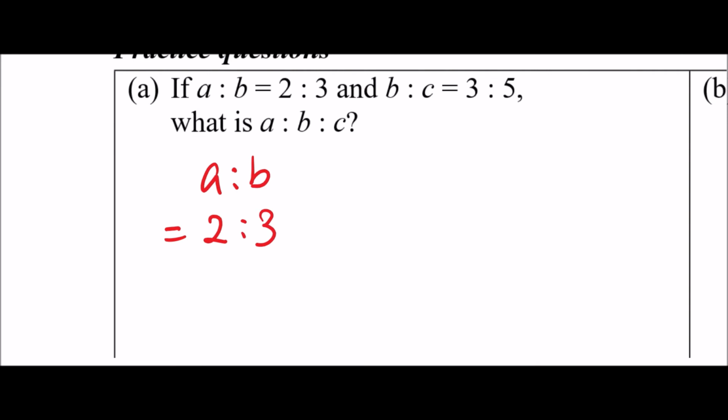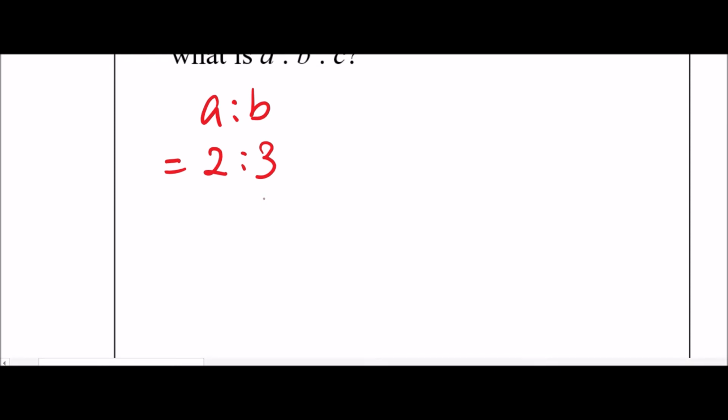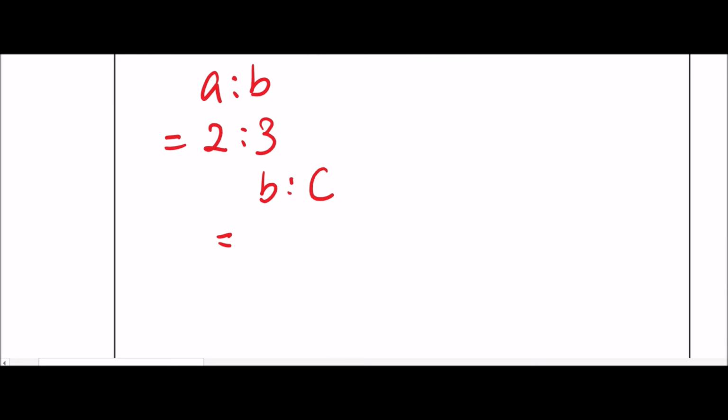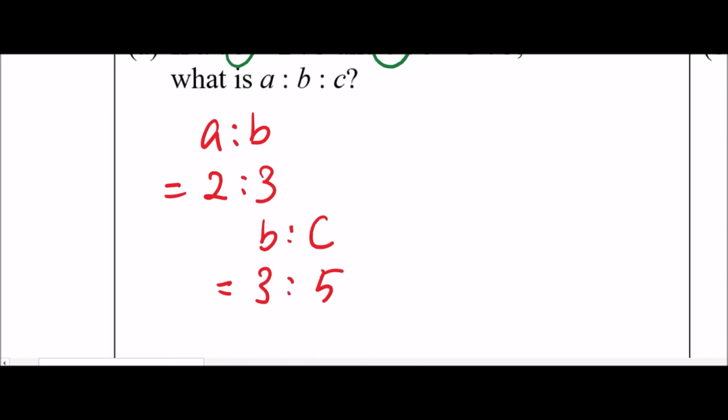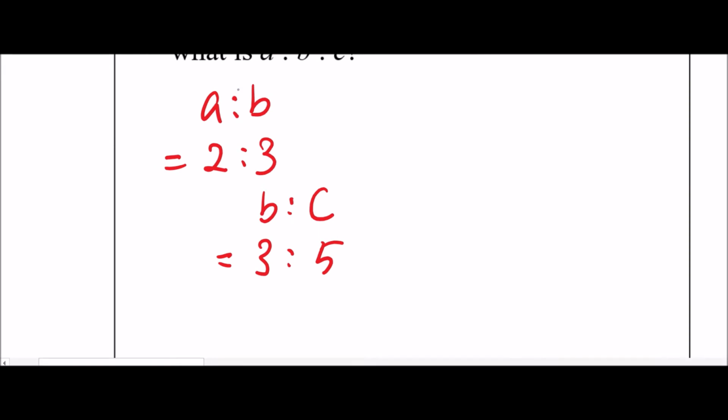So notice that my common quantity here is my B, right? So I'm going to write B aligning to the top. B is to C equals to 3 is to 5. Okay, so I've aligned my B in line like this.